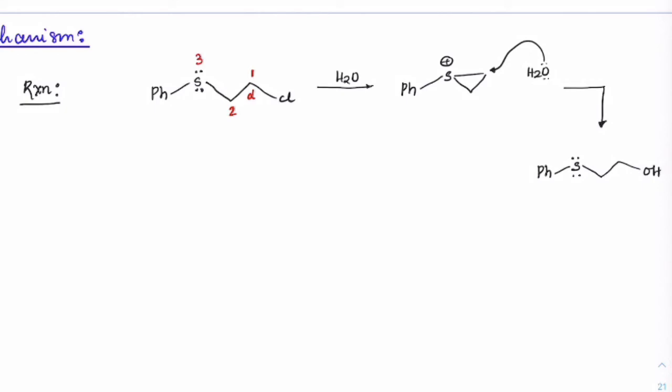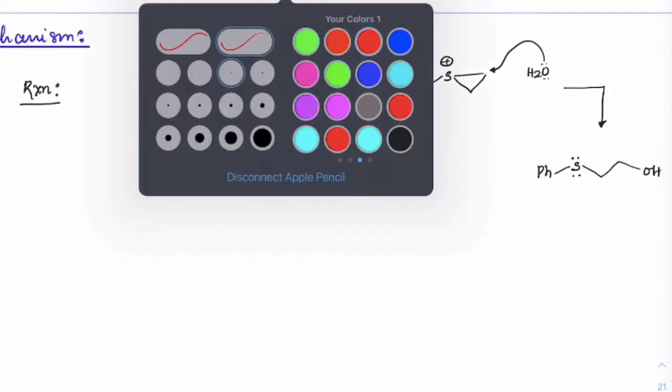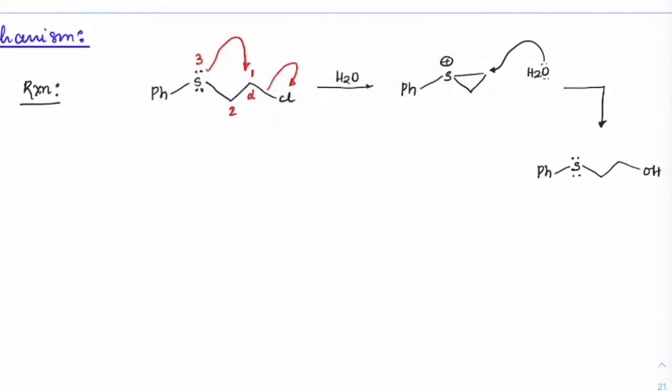Okay, but what is happening before even H2O approaches, because it is a weak nucleophile, the lone pair present on sulfur is attacking the alpha position and removing this chlorine. Okay, so what is happening is an intramolecular SN2 mechanism.